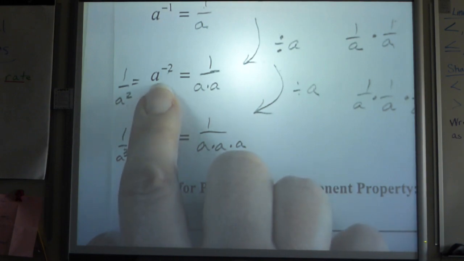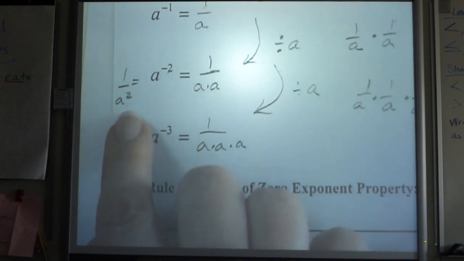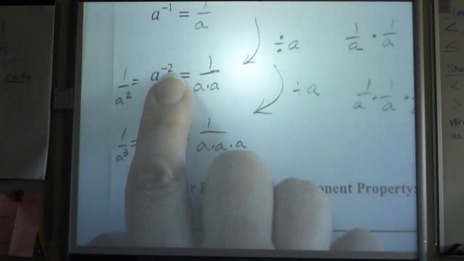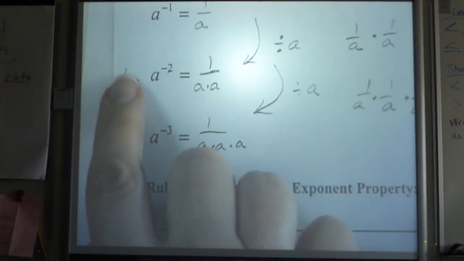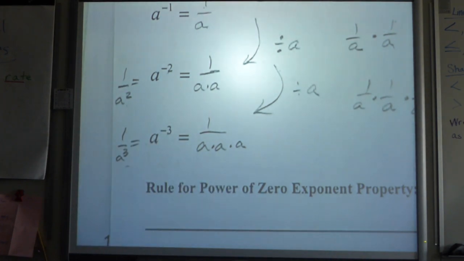So if you want to write it as simplified, you need to move that base with the negative power to the denominator. Okay, so a to the negative second in the numerator, I can rewrite it as 1 over a to the positive second. Okay, and the opposite holds true as well. If you have a negative exponent in the denominator, you can move it to the numerator and it'll become a positive exponent.